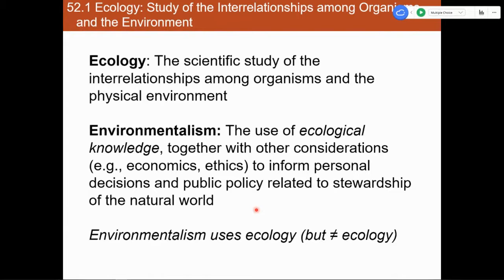So people who advocate for saving whales or lay down in front of trees to stop trees being cut might come under the umbrella of environmentalism. That doesn't necessarily mean ecology. Ecology is perhaps used for environmentalism as the science behind it, but it's not the same as environmental ecology.